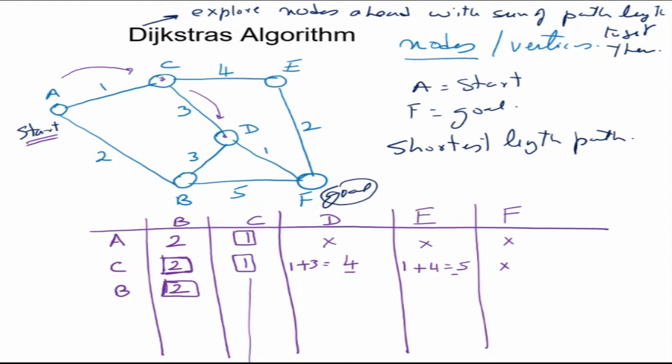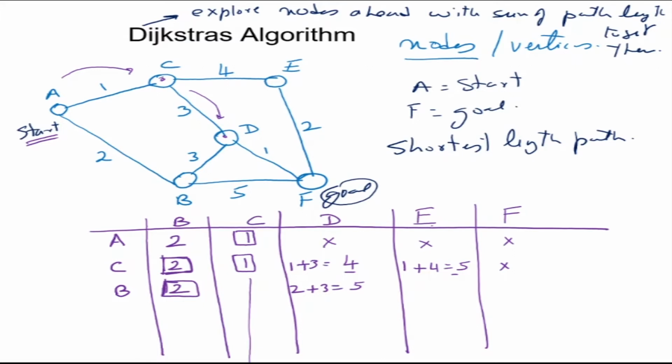Now I'm at B. So you can visualize you're at B. Now from B you're going to D. So if you're going from B to D, so from A to B was 2, and B to D is 3, which is equal to 5. Okay, and what about E now? Now B to E. You cannot go directly from B to E, but you can go via the previous column.